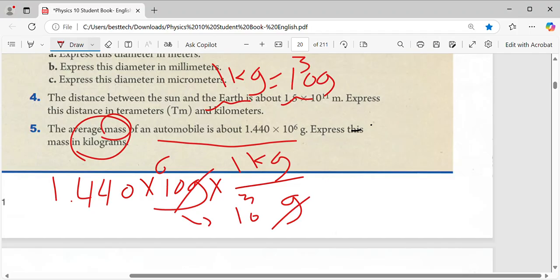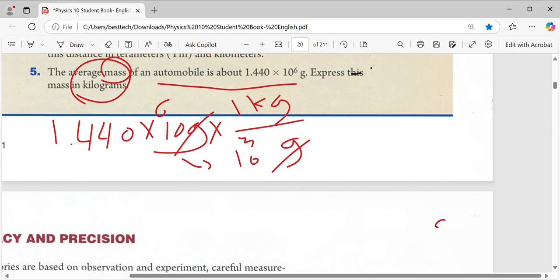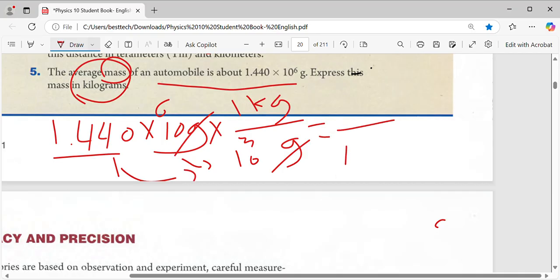So the grams are going to be cancelled. The down is still 1, so 1 times 10 power 3 is still 10 power 3. And these numbers times 1 is still the same: 1.44 times 10 power 6, and kilograms left.